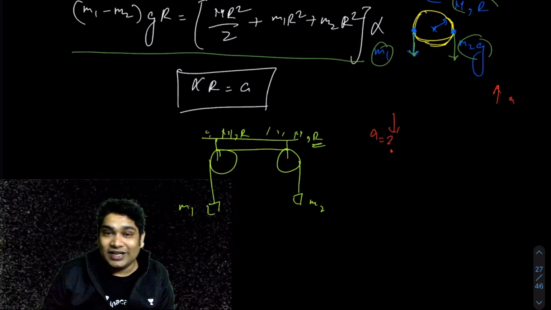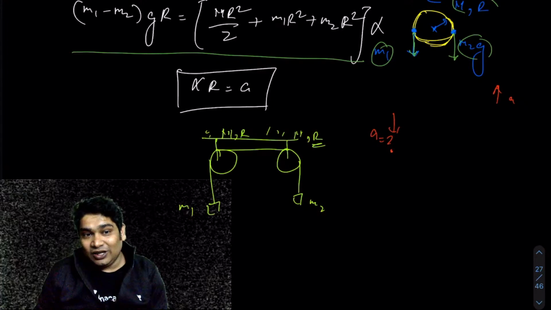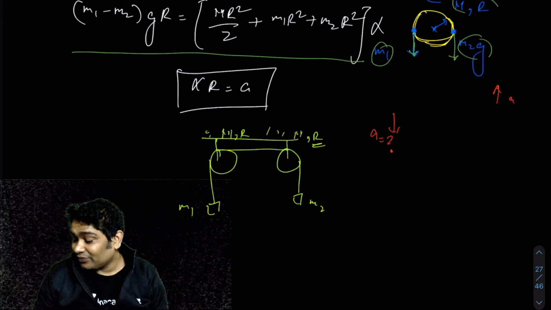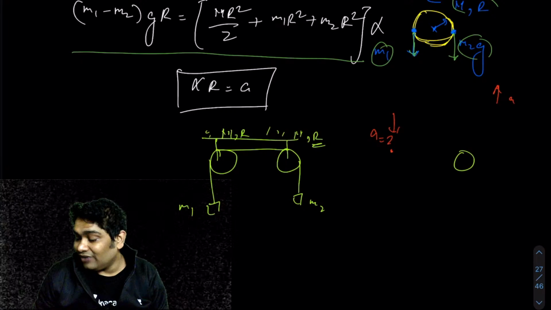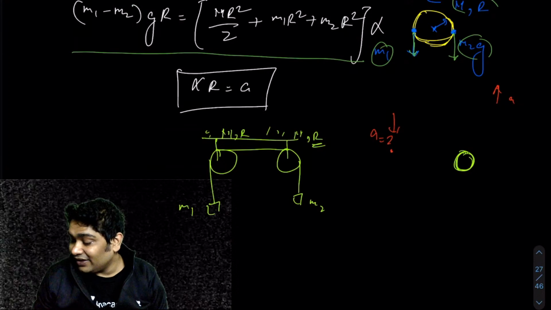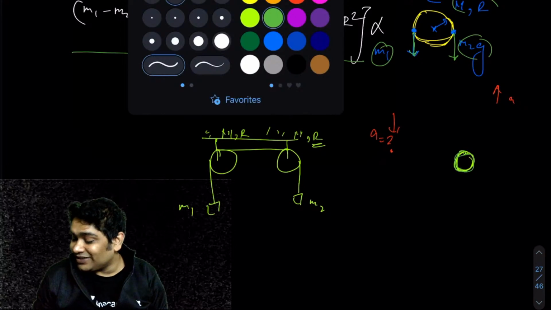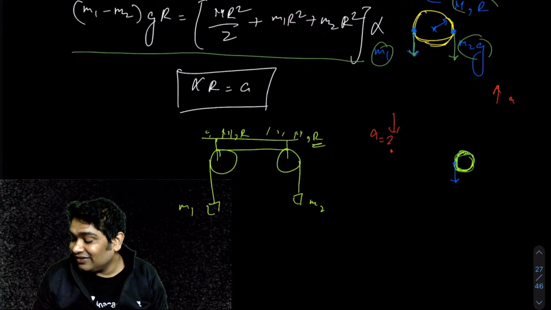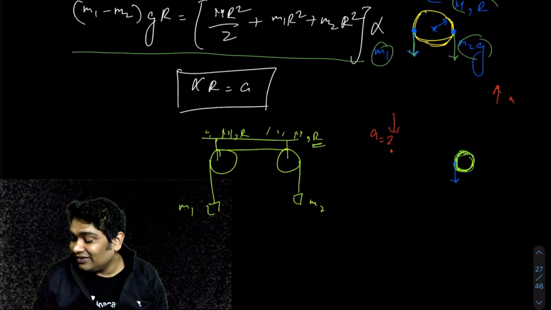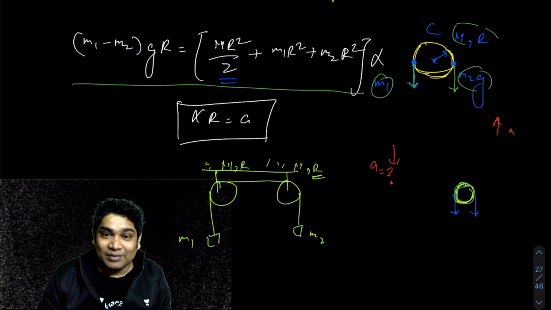You have a situation like this, and now you're supposed to find the acceleration. So you mount all the objects together. You have one pulley, over that you have the second pulley, and then you attach both these masses here, and then you will just multiply the net moment of inertia by 2.